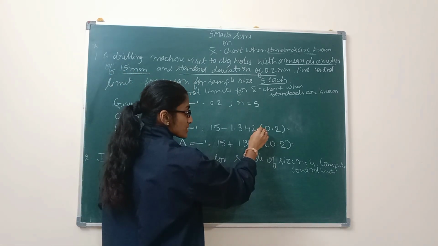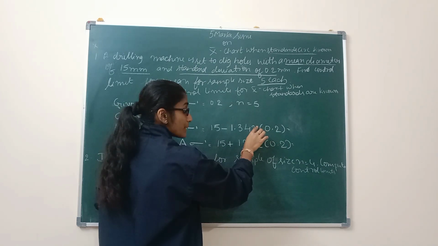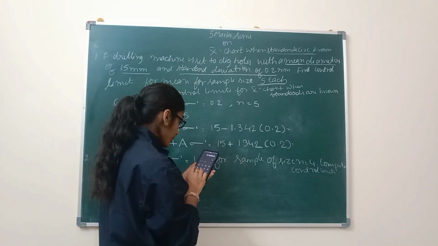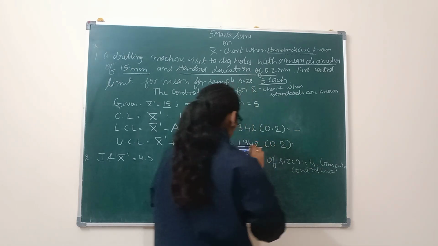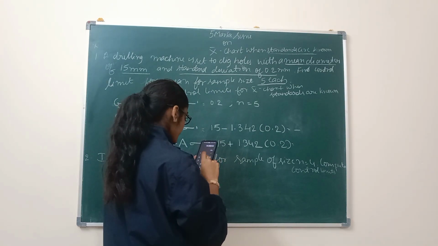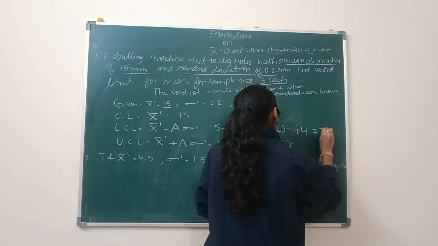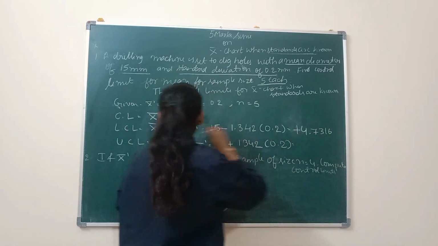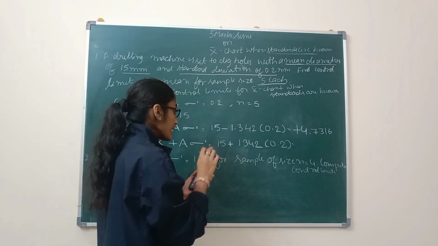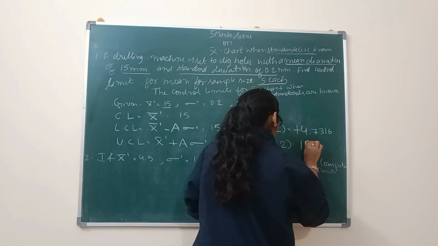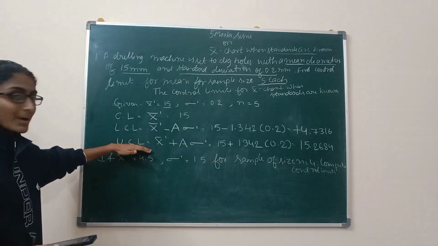Whenever you have a bracket and no sign is given before the bracket, it is nothing but multiplication, so we multiply into 0.2. We have got 14.7316, which is the LCL value. Now calculating UCL, 15 plus 1.342 into 0.2, the answer is 15.2684. So if you write this much you will get 5 marks.